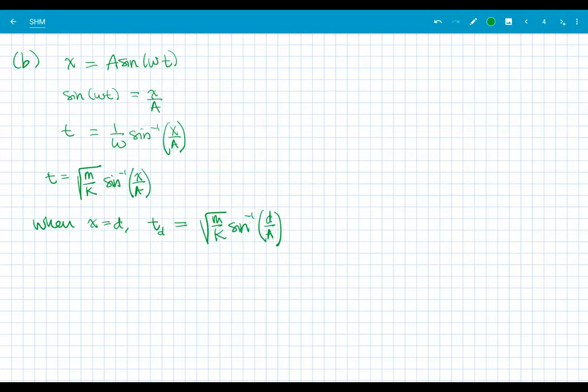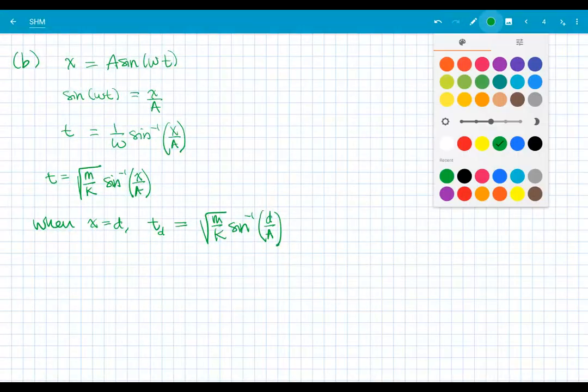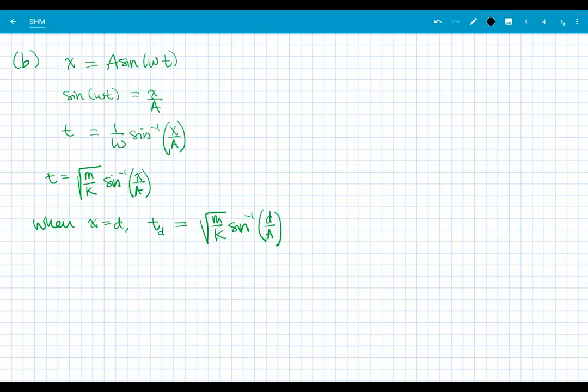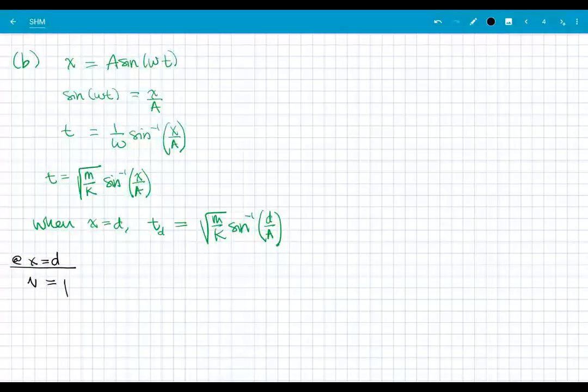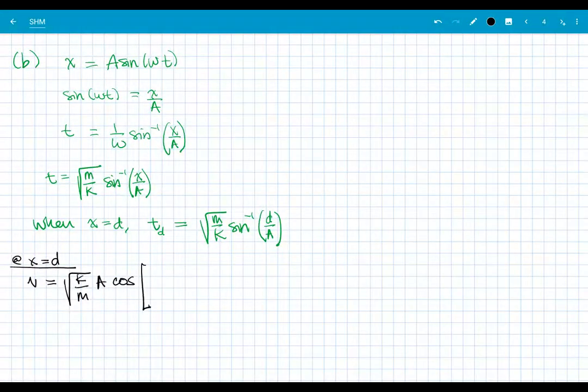And that's my time. Now that's important because this is the time that I can then sub into my velocity equation, right, to get the speed at x equal d. So I can say here, at x equal d, the speed is equal to root k over m a cosine, and now this is my time, part of my time, arc sine of d over a.